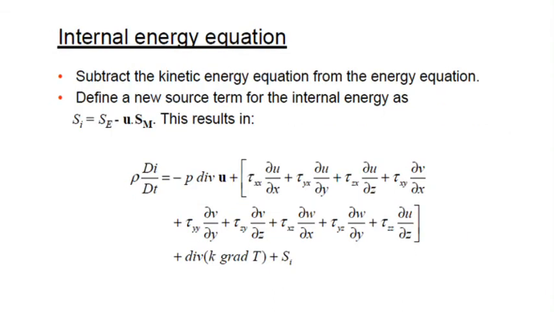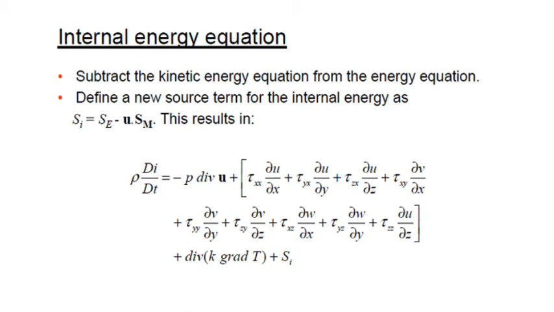Next we have to write the internal energy equation. To get this we subtract the kinetic energy equation from the energy equation. By doing that, we define a new source SI, that is SI equals SE minus u into SM. So instead of SE minus u into SM, you write SI.